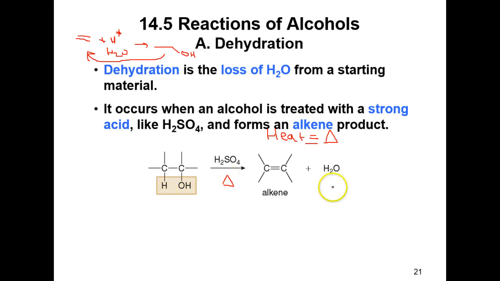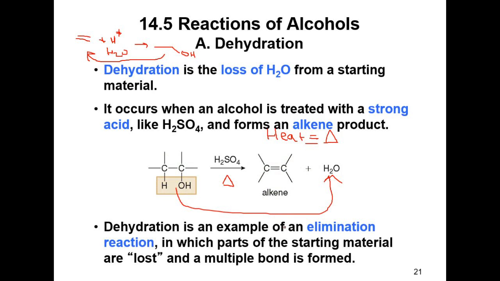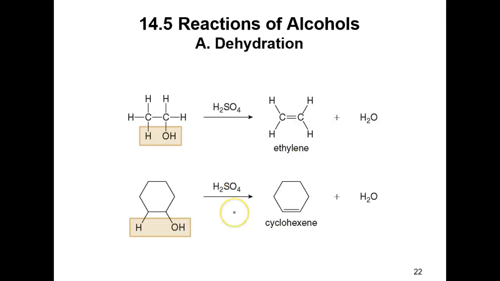And you basically eliminate water, so you can see that this H2O is what goes here, and one of the bonds from here turn into a double bond, or I think in class I talked about it as a pi bond. All right, so dehydration is an example of an elimination reaction because you're losing atoms from your molecule.